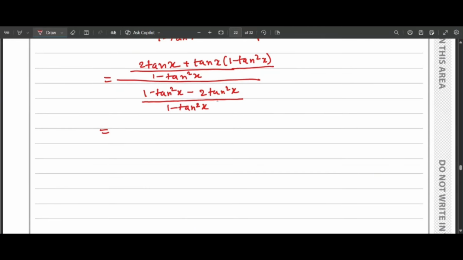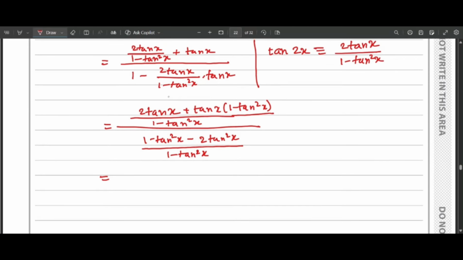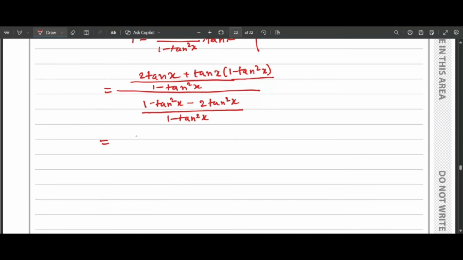Now when simplifying this, we can see that we can cancel out 1 minus tan square x from the numerator and the denominator. We have two fractions, one in the numerator and one in the denominator. We see that in both of these fractions 1 minus tan square x is in the same position, so we can cancel them out. And we can simplify the numerators of the fractions.